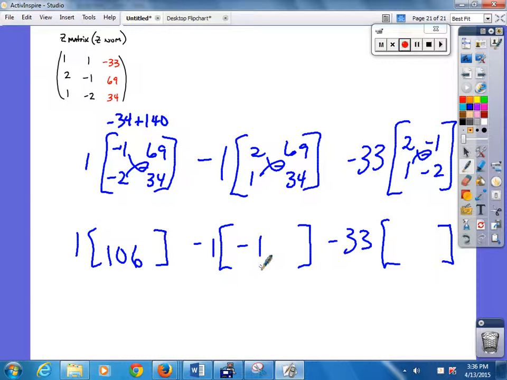It should be 138, should it not? Yeah. And then that's going to be 104. Thank you. I forgot I rounded and I didn't take off the 2. 2 times -2 is -4. -4 plus 1 is -3.